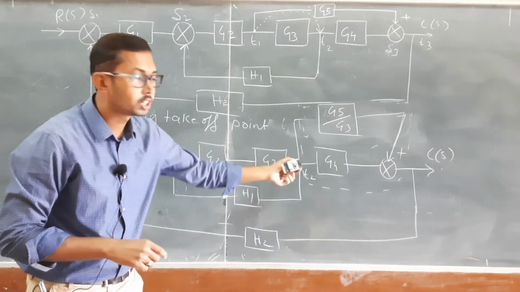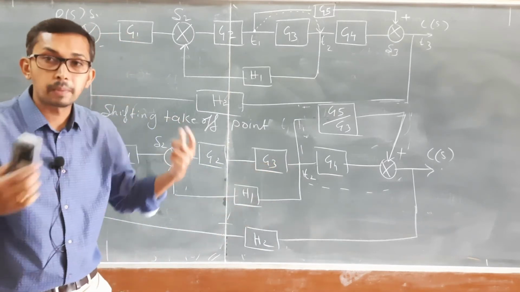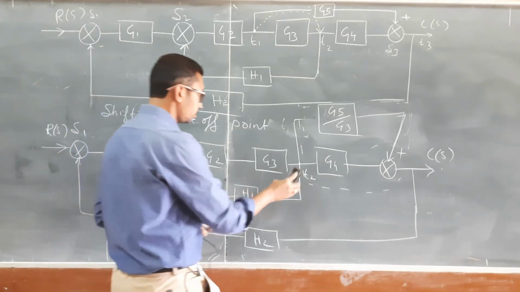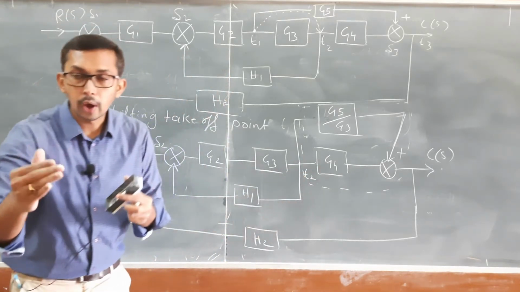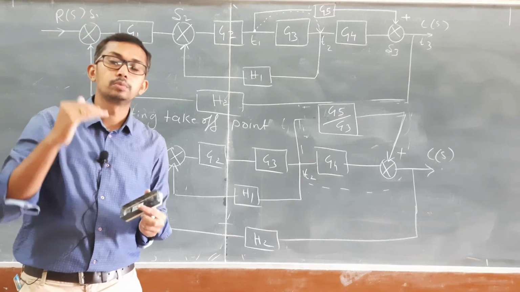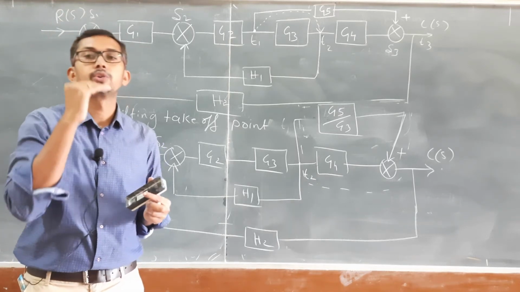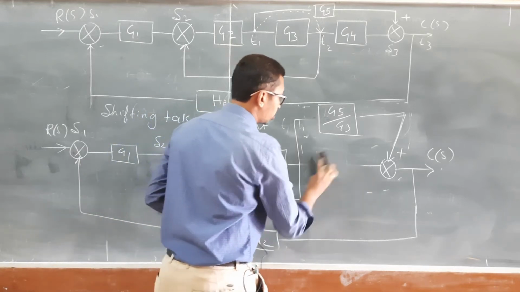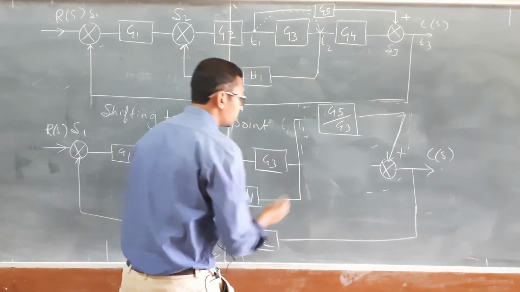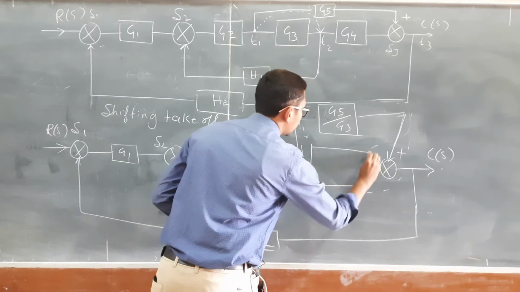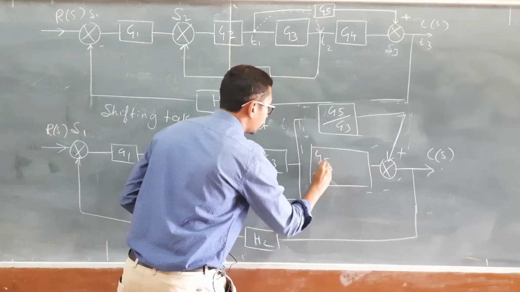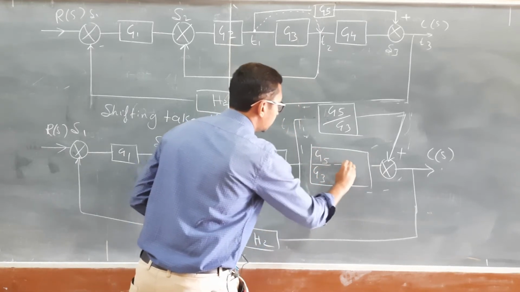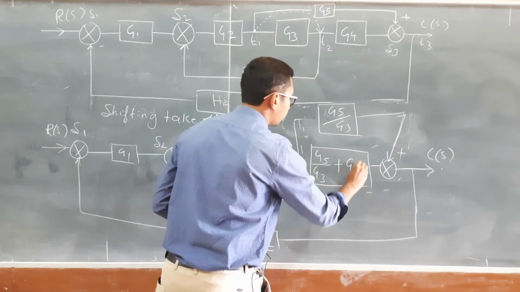I am going to redraw it here only because it will take a lot of time for me. But when you do it, you need to solve step by step. Then only will you get the marks. So I am going to erase this and do the algebraic summation. G5 by G3 plus G4.